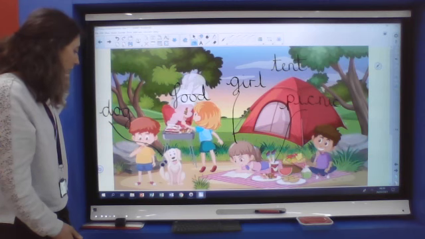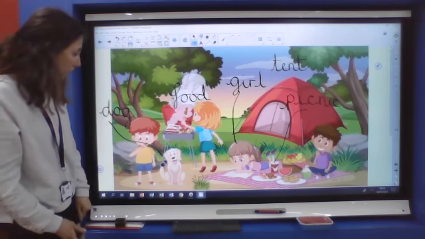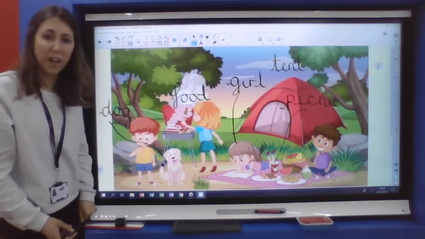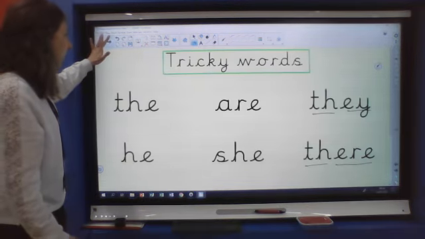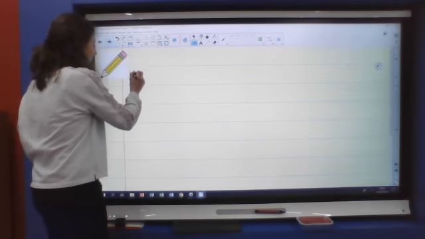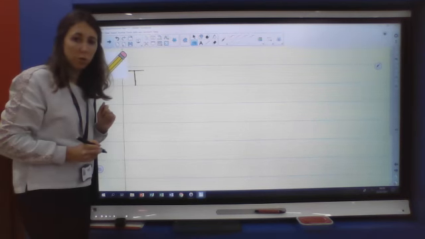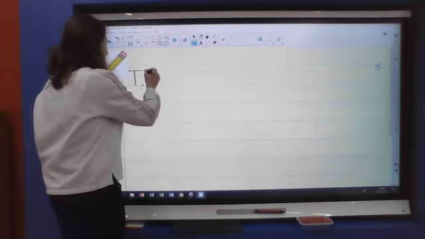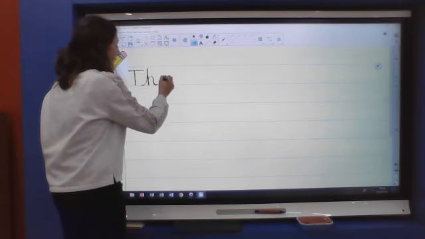Okay, so I'm going to think about the dog, and if I look at what he's doing in the picture, the dog is sat down. So the dog is sat down. I'm going to start with the, but remembering to use a capital letter. And remember, my capital letters should go almost to the next line. So the, same for my tall letters, the.